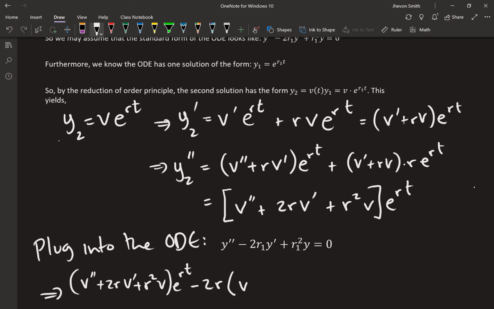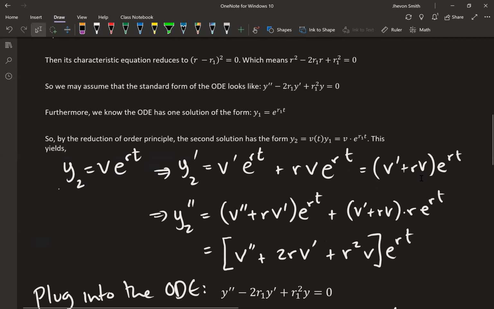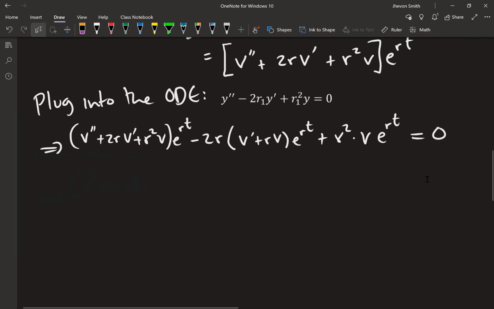This means v prime plus rv times e to the rt, plus r squared times the y, which in this case is v e to the rt, equals 0, right? Now I'm being very general here. This is representing any possible second order linear differential equation that looks like this.